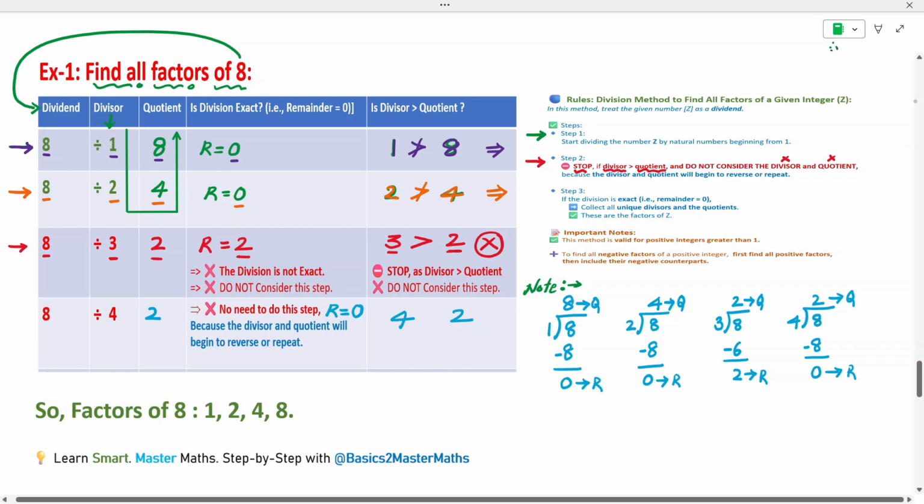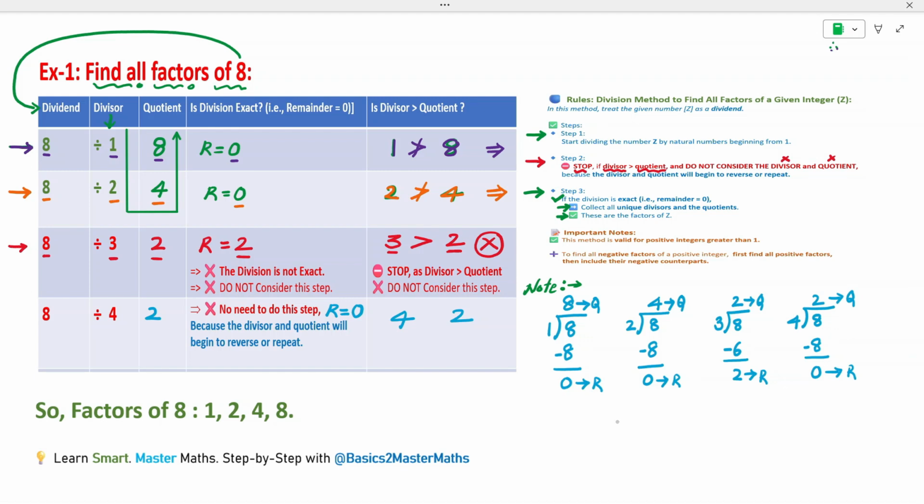Now, move on to third step. If the division is exact, collect all unique divisors and quotients. These are the factors of a given number.